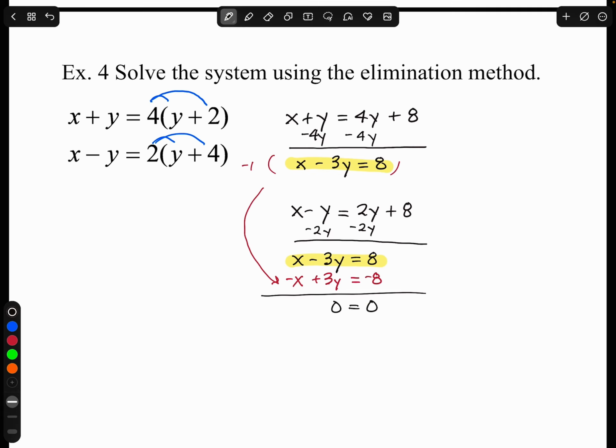If you add them together, everything cancels out and you're left with 0 equals 0, then we're going to say this is infinitely many solutions. This is infinitely many solutions because we have coinciding lines.